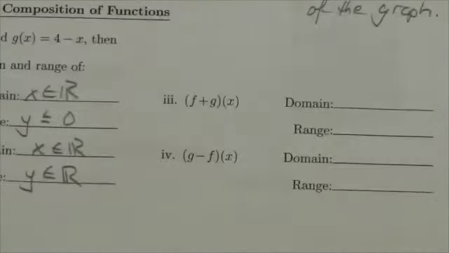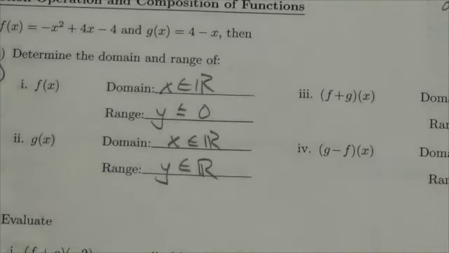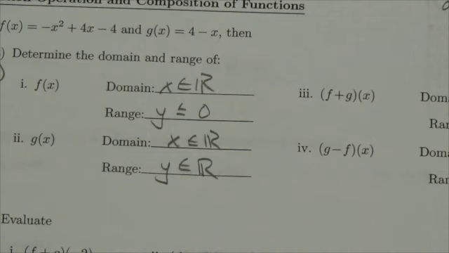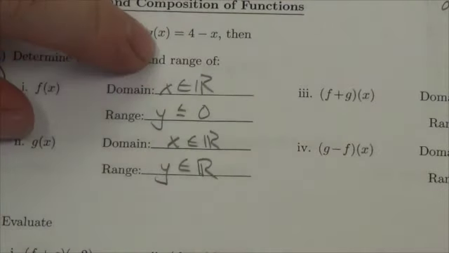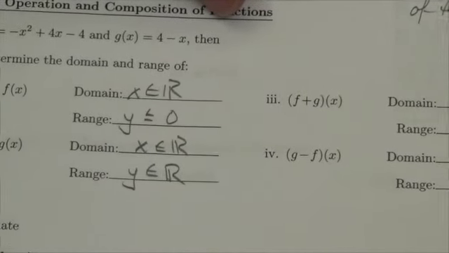Now, let's take a look. If you add those two functions together, what will be the resulting domain and range? When we add these things together, the domain of the resulting function is going to be limited by the smallest domain of the two functions here. Now, these are both elements of the reals, so this is actually not going to do anything.